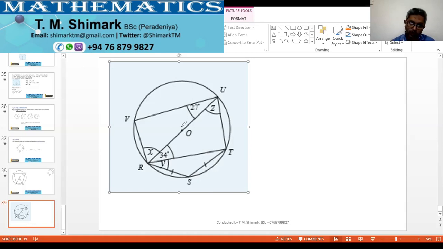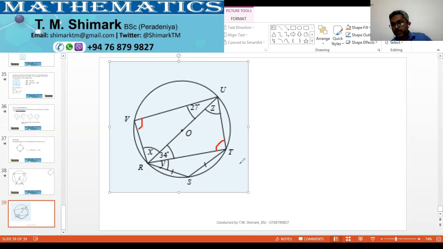And also this is O, you can see O, right? That means RU is a diameter. What can you say about this angle and this angle, particularly V and T separately?